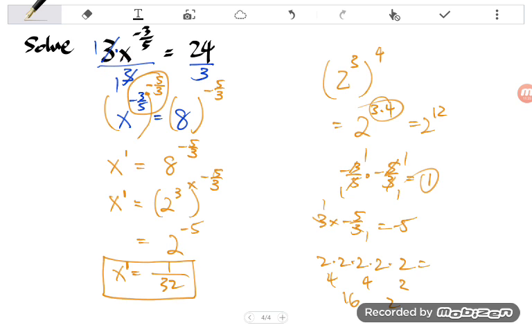So power to the power, we multiply them. So when we are introducing this extra exponent, we have to be very strategic. We have to be a little bit smart with the exponents that we're introducing.